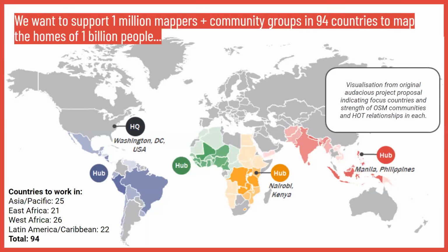And we'll do this by engaging 1 million mappers and working with local mapping communities. The way we are doing this is by creating regional hubs. We have a regional hub in Eastern and Southern Africa, and also one in Asia Pacific that is based in the Philippines, which have already started work. And we're also opening up hubs in West Africa and also one in Latin America. Next slide.